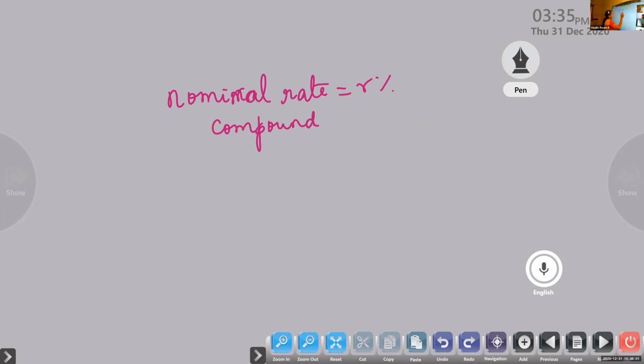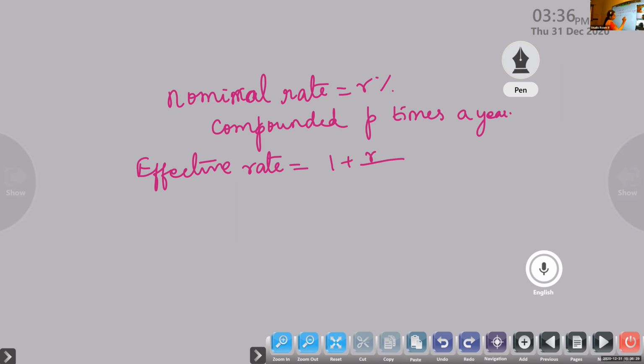Suppose R is the rate of interest which is compounded P times a year. Then the effective rate of interest is given by (1 + R/(100P))^P − 1.